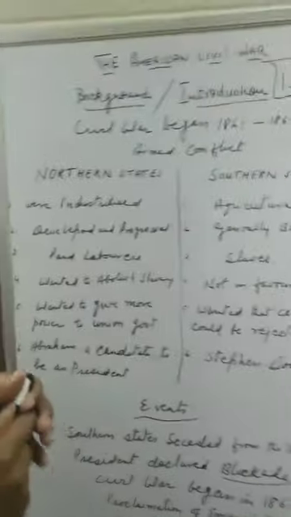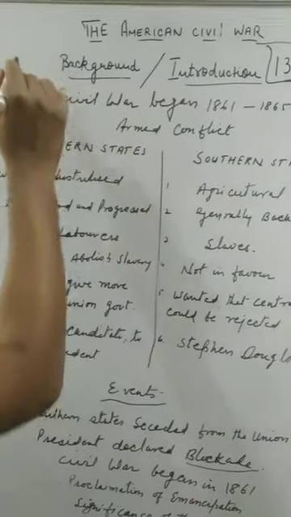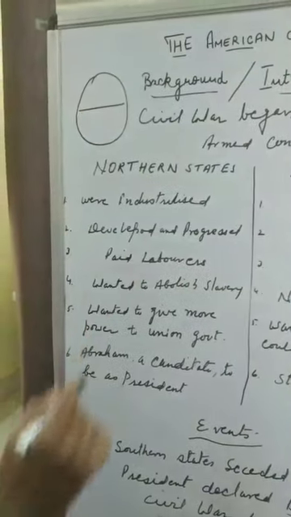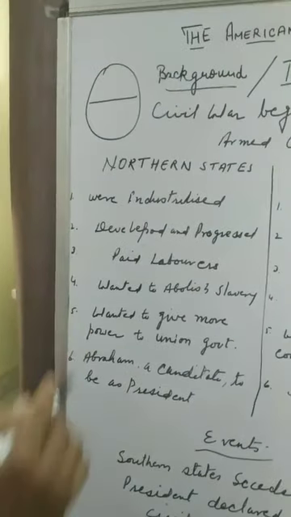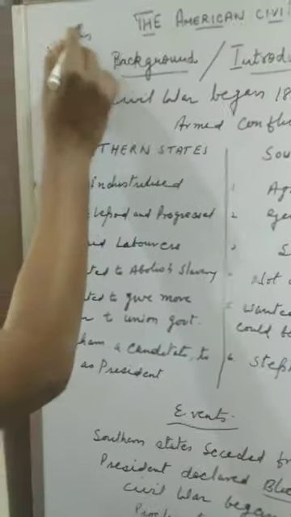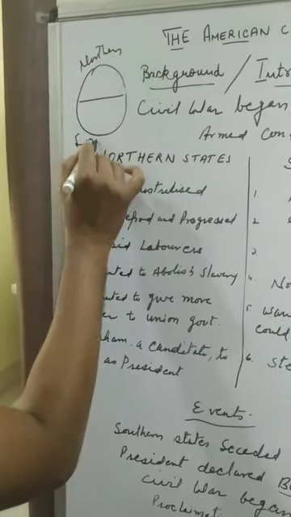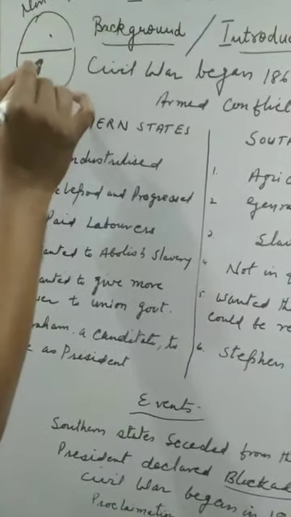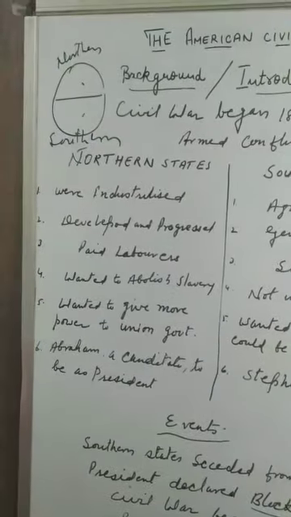Let me roughly draw the American map, USA. This is the northern part and this is the southern part. Northern and southern.